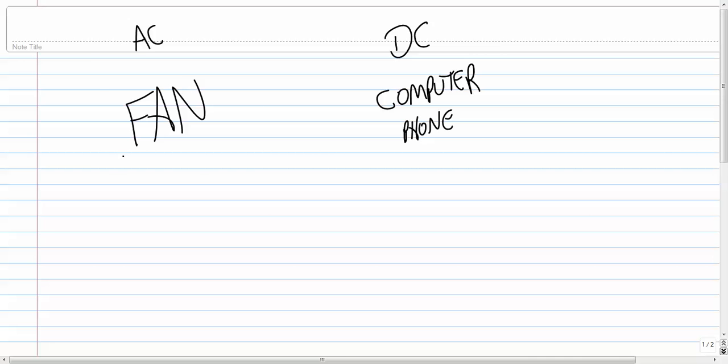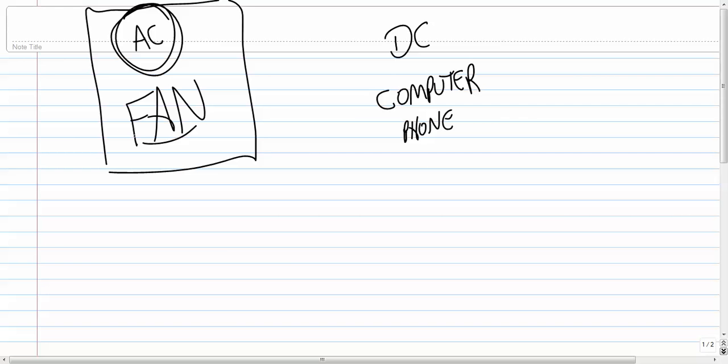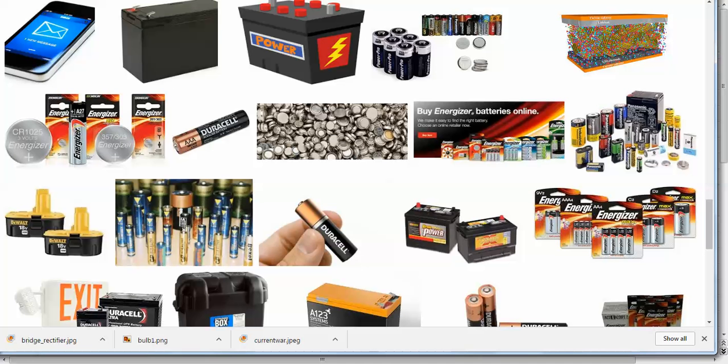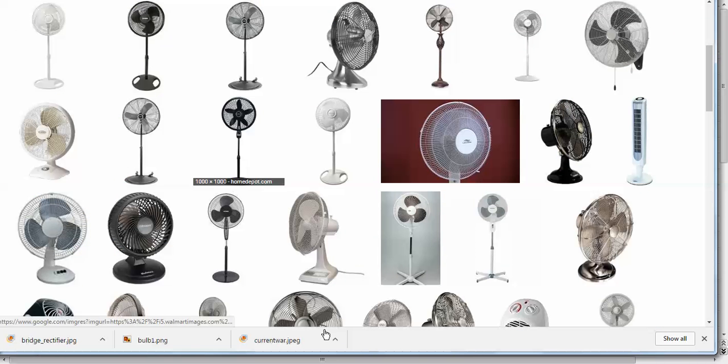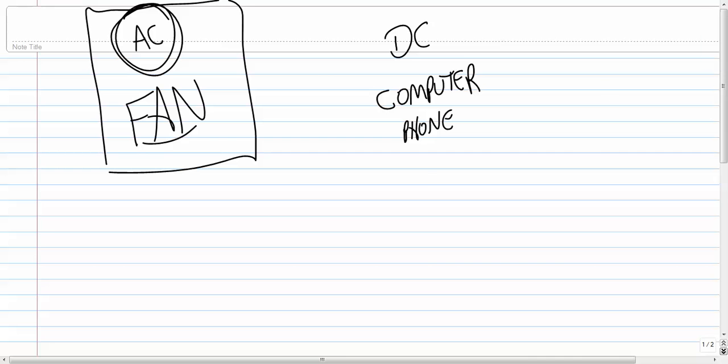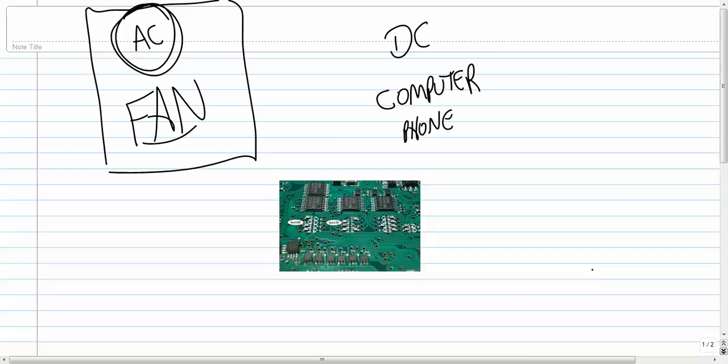So if the factory sends us AC, something like a fan is going to be totally happy. It's going to be like, yep, plug me in, I'm going to move air all over the place. But something like a cell phone, which is filled up with computer chips, is going to be destroyed. So we've got to take AC and turn it into DC.